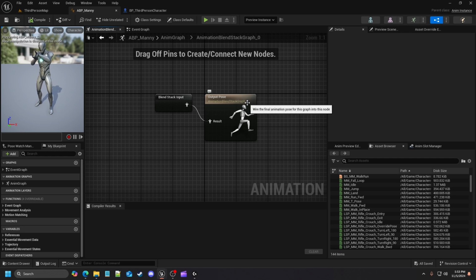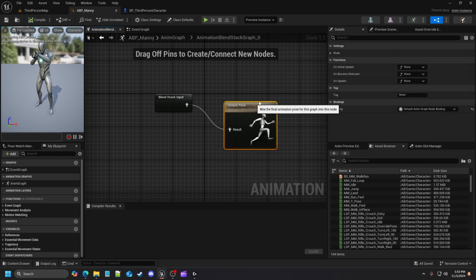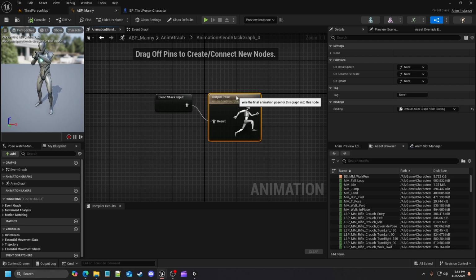The output pose is the final node that outputs the processed animation pose data that is ready to be rendered for our character. So this represents the culmination of all the blending and adjustments applied in the previous nodes that we will be setting up in here, which will produce the character's final animated state.